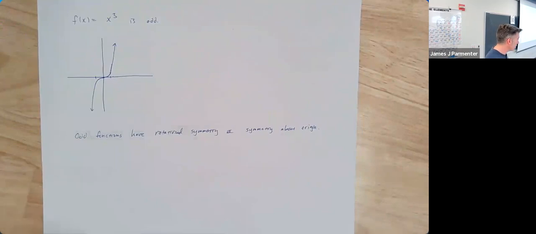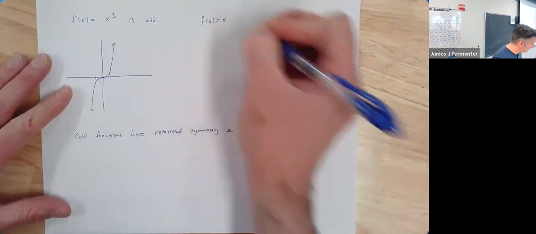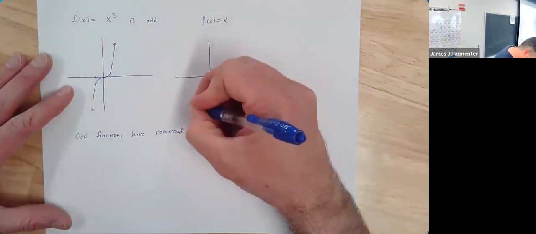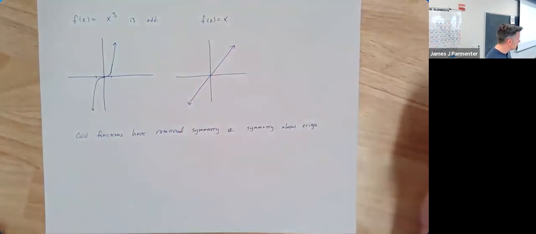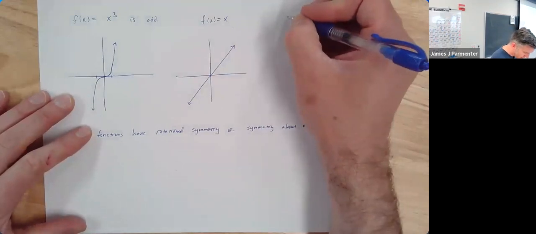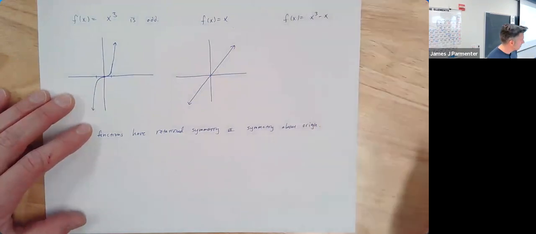A couple other examples of functions I like that are nice odd functions. An even easier one to draw, although it feels kind of boring, is f of x equal to x. That's also an odd function. Not very exciting. And then probably my actual favorite one to draw is f of x equal to x cubed minus x.